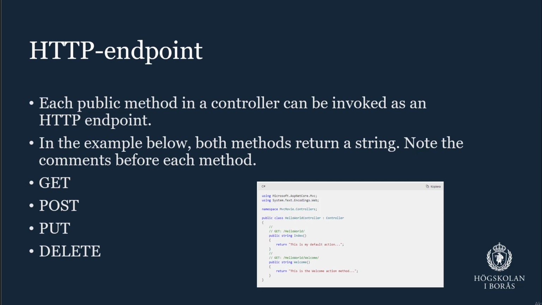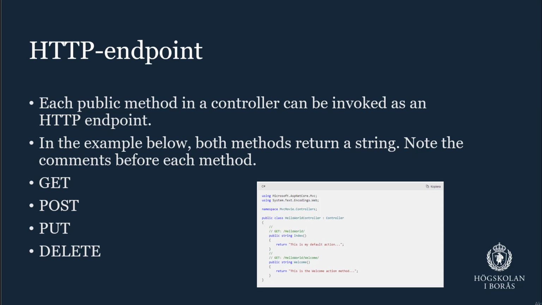And note that the comments before each method display the HTTP endpoint types. Both of our methods in the HelloWorldController are of the type GET. So basically they allow the controller to pass values to a browser.